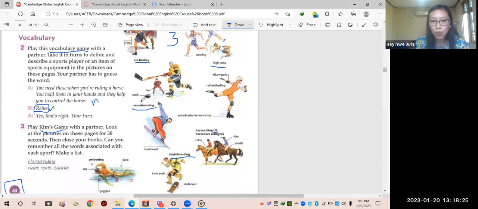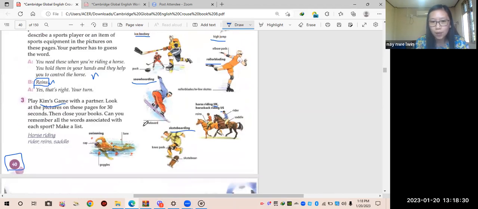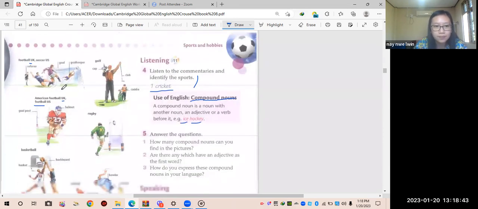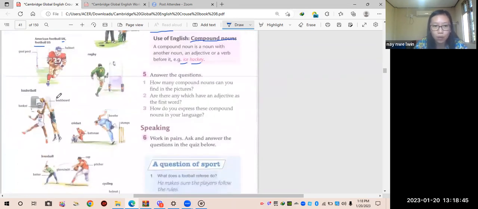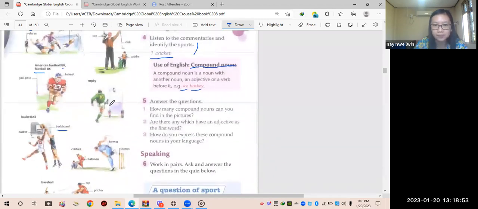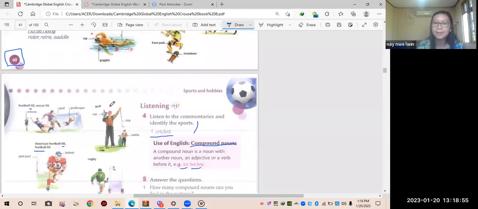And snowboarding, roller blading, snowboard, skateboard, horse riding, horseback riding. So they all are compound nouns. Like football and basketball, backboards. So can you name any compound nouns that you know apart from these words?